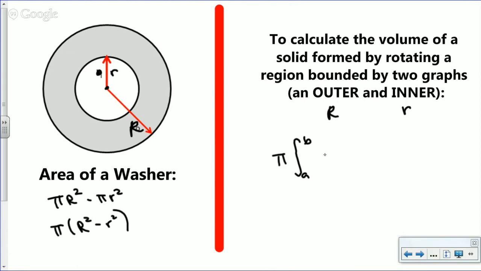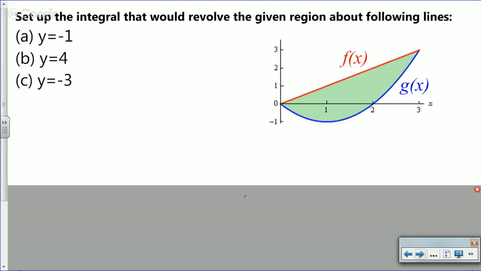And then my formula for the area of a washer is big R squared minus little r squared, dx or dy, depending on your axis of revolution. Okay, so all it's really going to come down to is figuring out what your two r's are. Okay, so let's try a few examples.